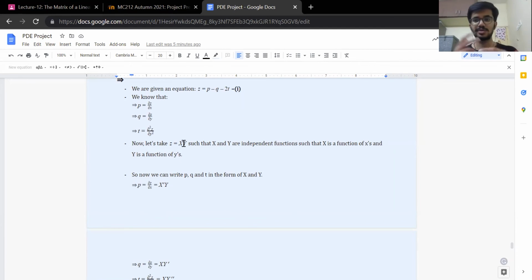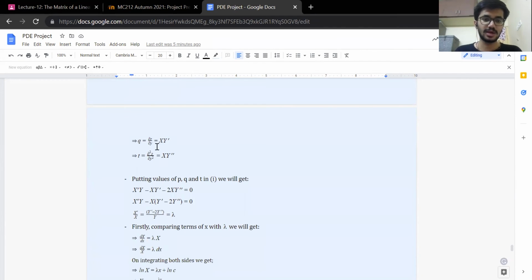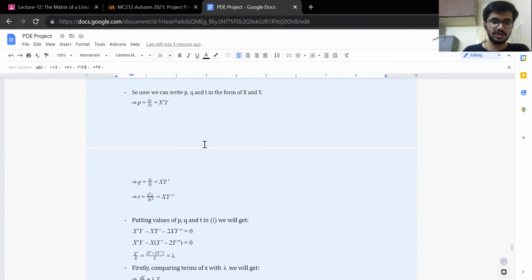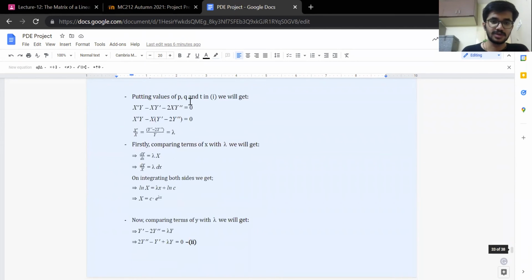Now we can write p, q, and t in the form of capital X and capital Y. So p, dou z by dou x, is X dash Y, q, dou z by dou y, is X Y dash, and t is X Y double dash, differentiating twice with respect to y. Now taking these three terms and putting them in the original equation, we got this kind of form.